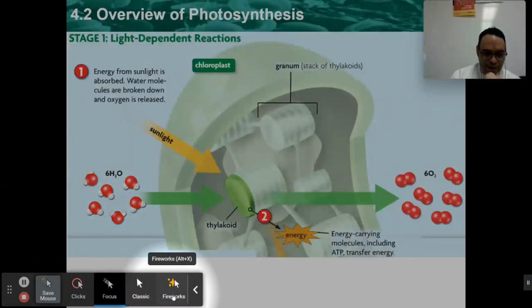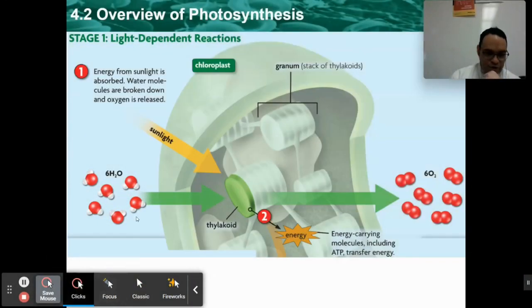Okay, so here we have an actual chloroplast. Here you can see the thylakoid on the edge, the disc. There's a stack called a grana. The stroma's down below, or the fluid here. You have water coming in and sunlight, right? It's coming in on the light dependent reaction.